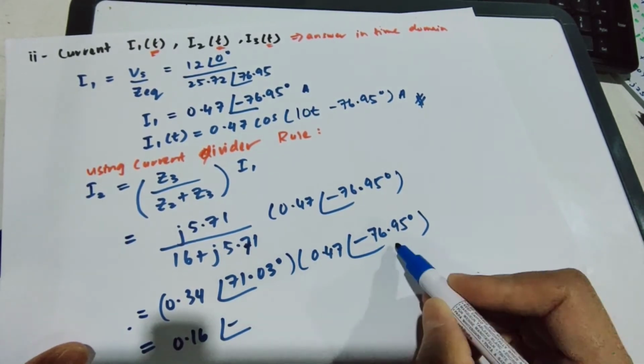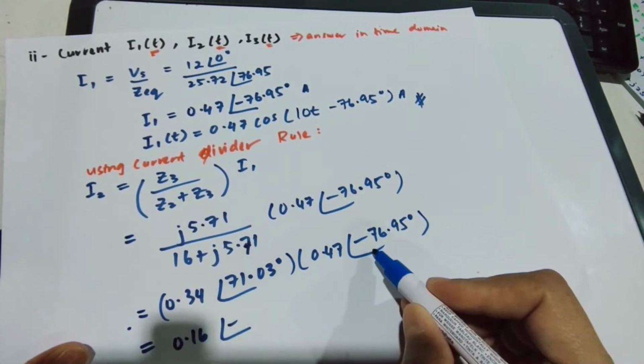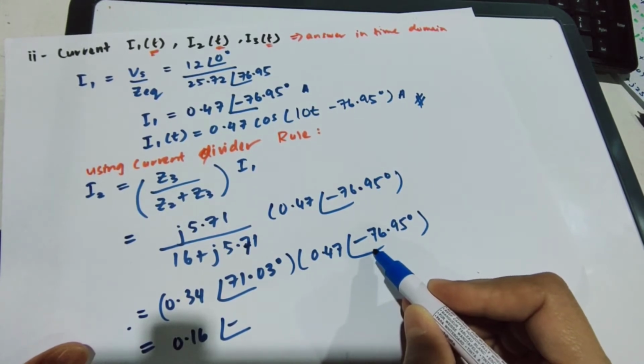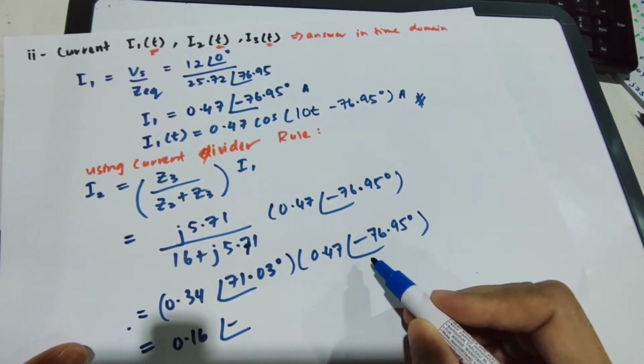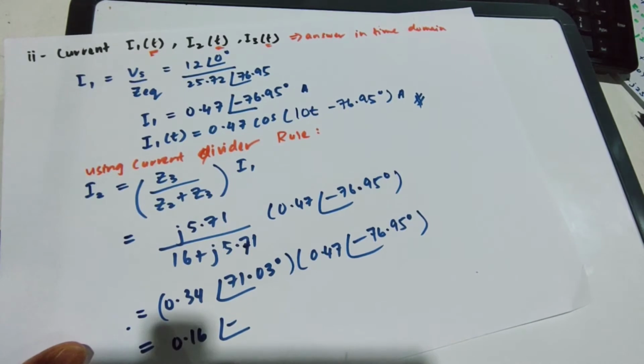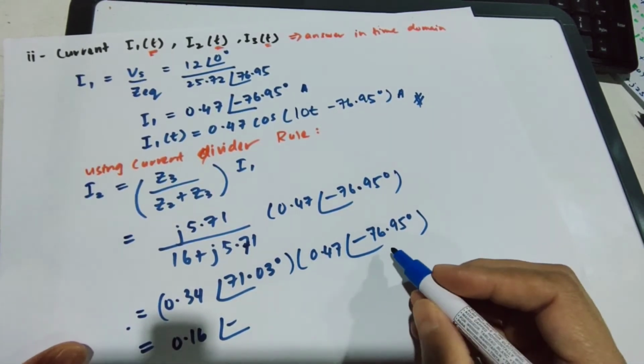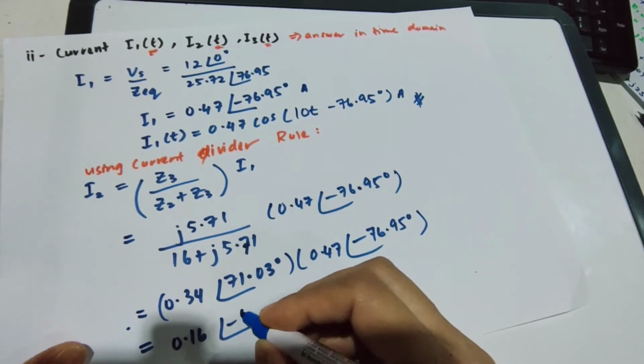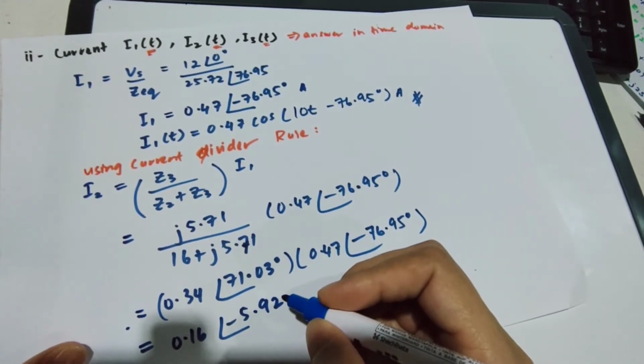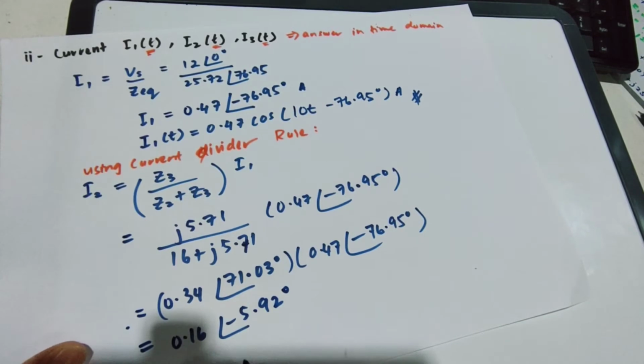The angles are added, positive and negative, so you get negative 5.92 degrees. So this is the theta.